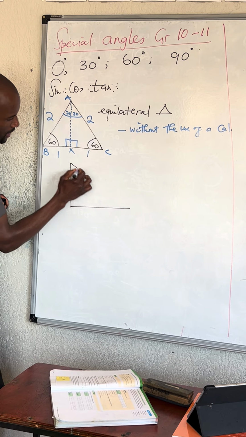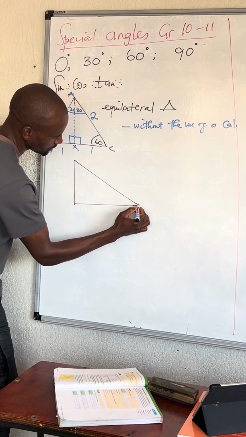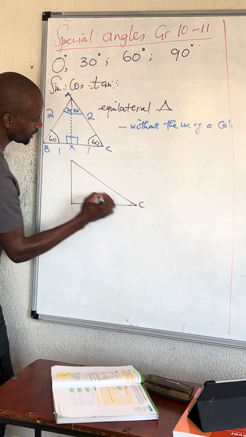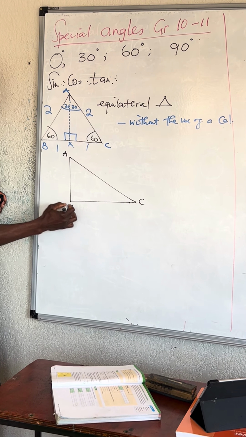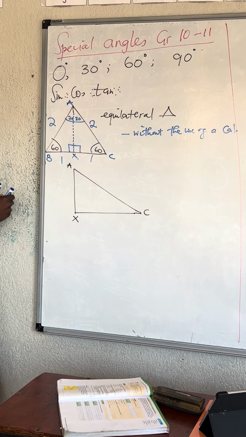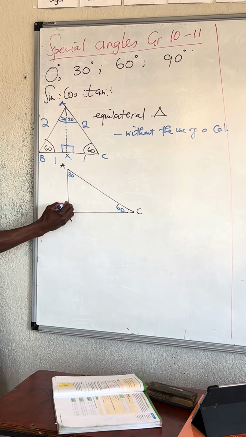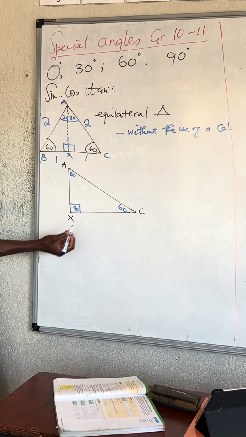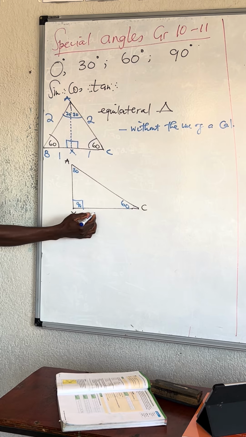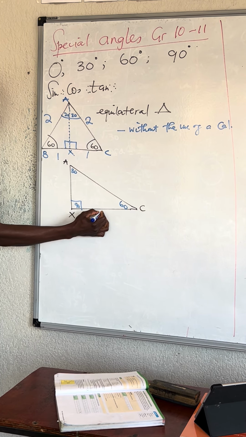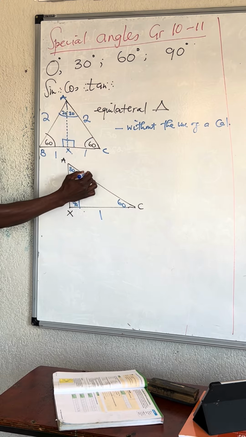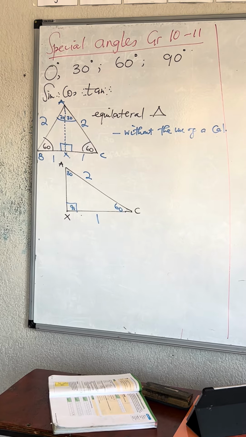So now let's use our triangle AXC. In AXC, we know that this part is 30 degrees, this one 60 degrees, this one 90 degrees. Down here XC is 1, and the hypotenuse here is 2.